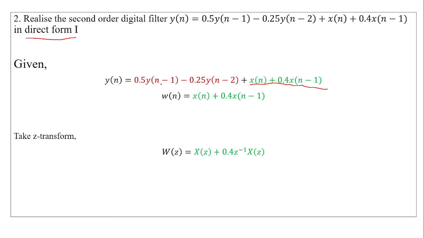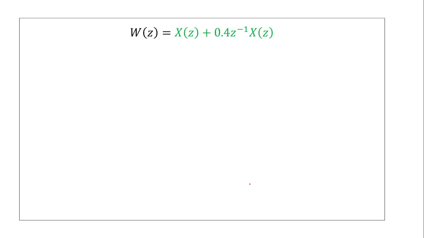W of z is equal to x of z plus 0.4 z inverse x of z. If I replace it in the main equation, I'll get 0.5 z inverse y of z minus 0.25 z power minus 2 y of z plus x of z.